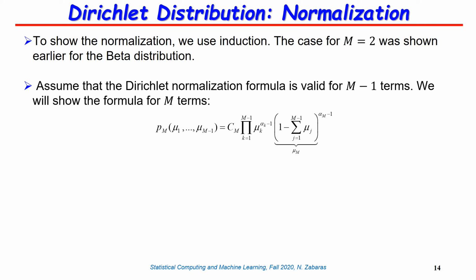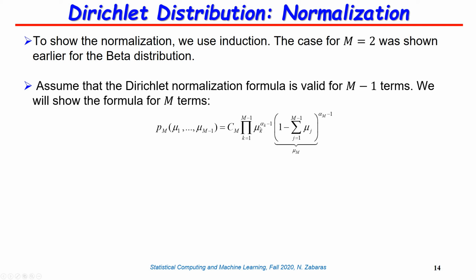Now, you may ask, when you do induction, you also have to show the base case for m equal to 2. Just to make life easy, what PDF does the Dirichlet distribution look like if you take m equal to 2?